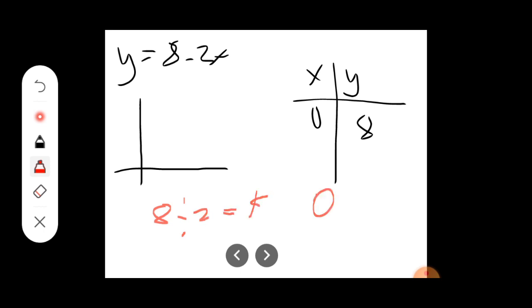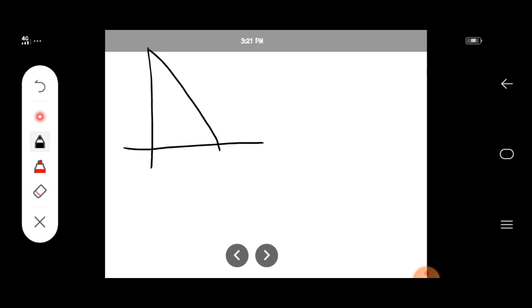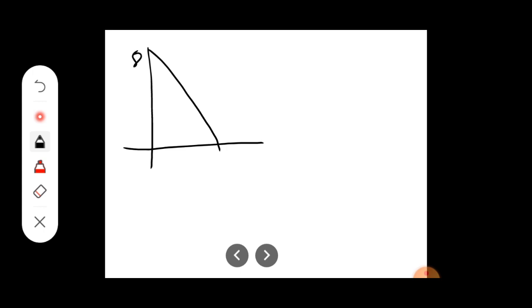So we have a y-intercept of 8 and an x-intercept of 4. This is 8 and this is 4.